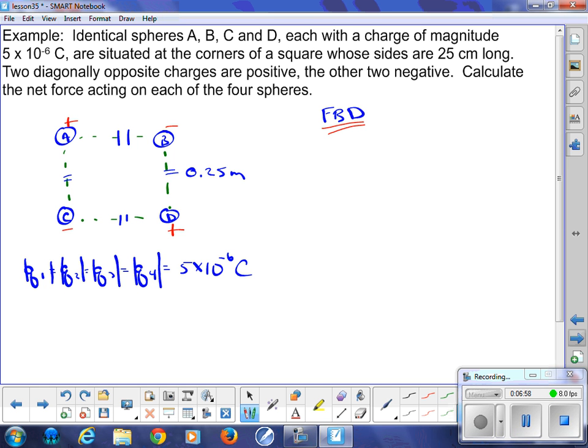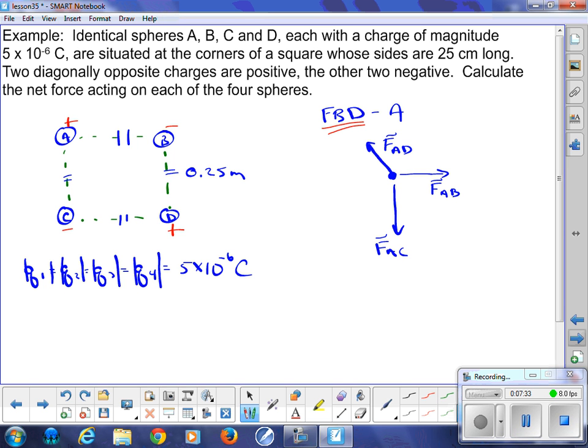It doesn't matter which one we pick, so let's look at the free body diagram for A. All right, so there is the free body diagram for A. So what is happening here? Well, we know that there's a force of attraction between A and B. We know that there's a force of attraction between A and C. And finally, between D and A, there's a repulsive force.